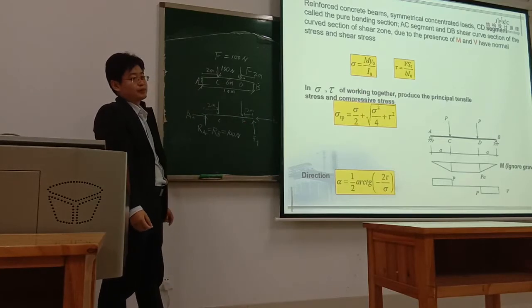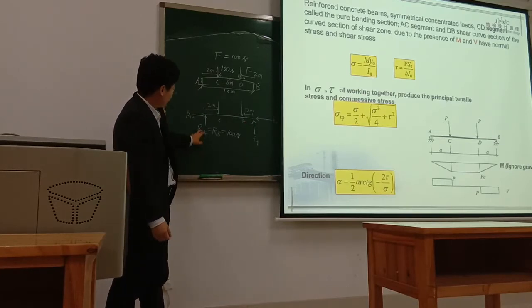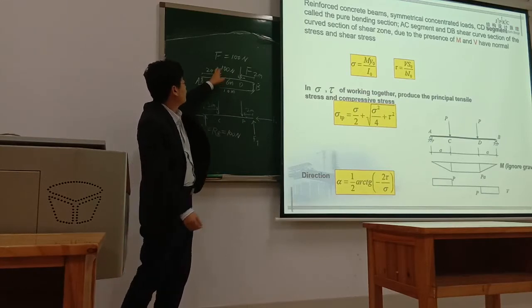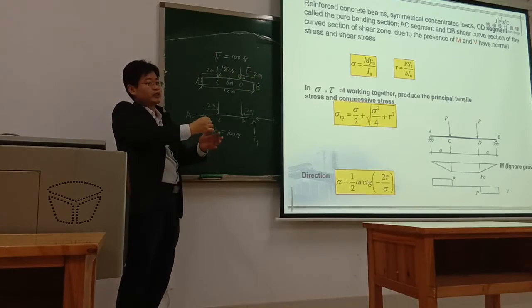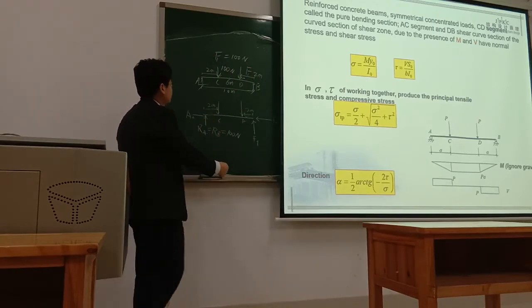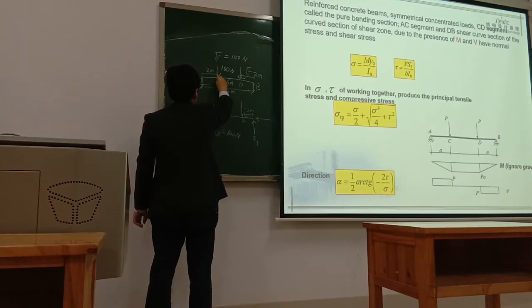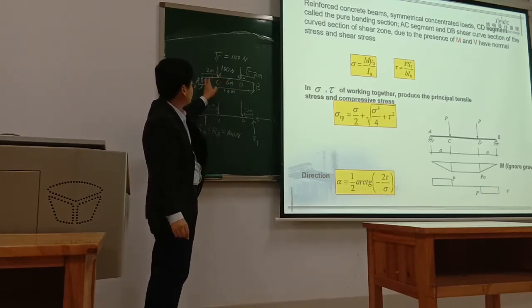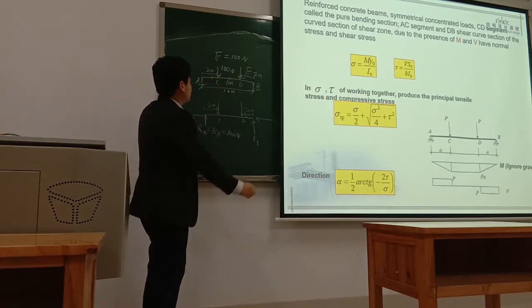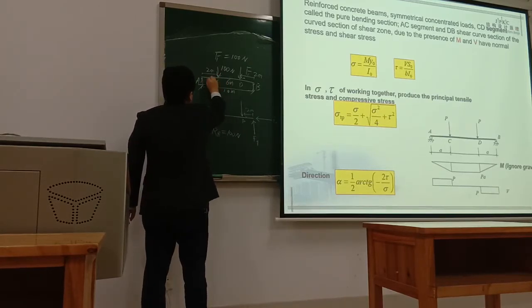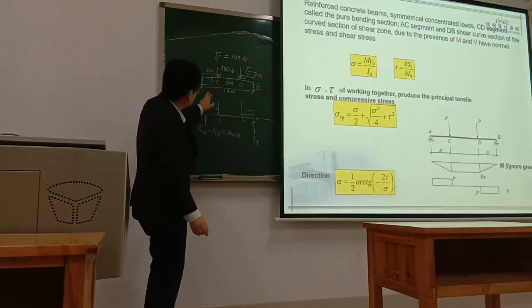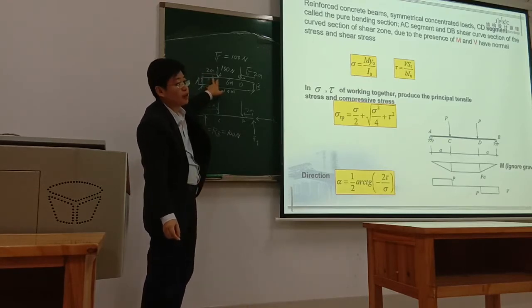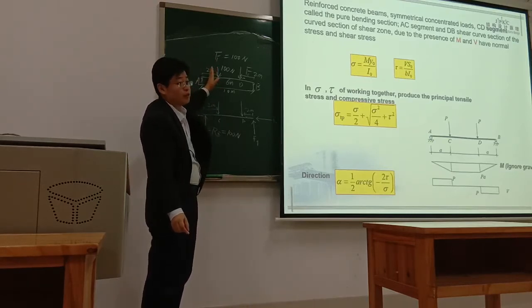Because RA plus RB should be equal to F1 plus F2, the force in the vertical direction is balanced. Then suppose any point in the AC section, at a distance x from point A. To calculate the moment at this point, we cut at this point.